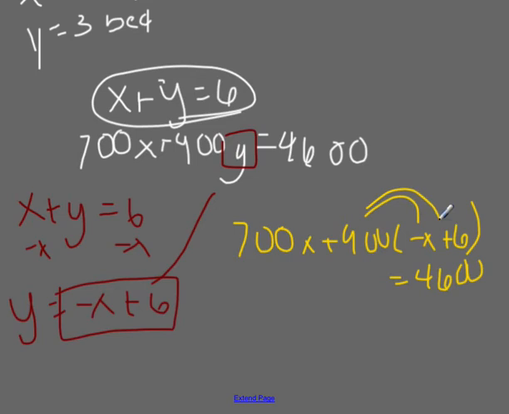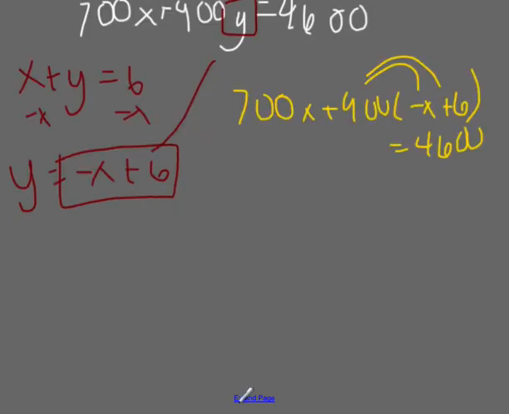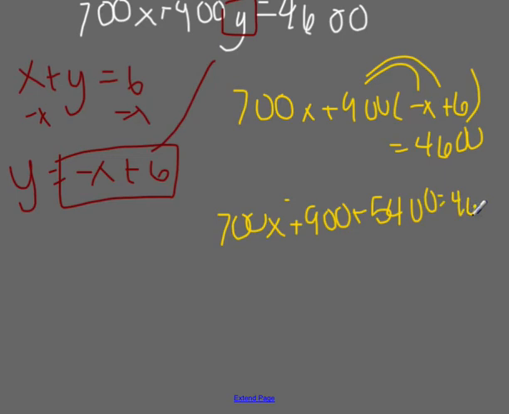So now I need to go through and solve this for x. So then I get 700x plus negative 900x plus 900 times 6. So 5,400 is equal to 4,600. So I'm going to add those two together, and I'm going to get a negative 200x.